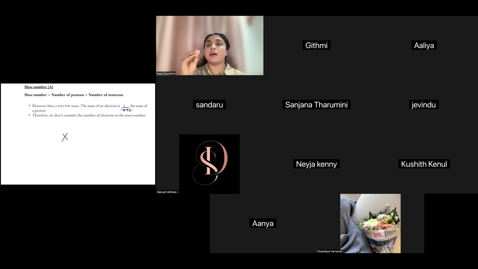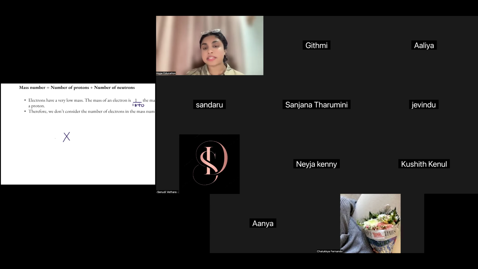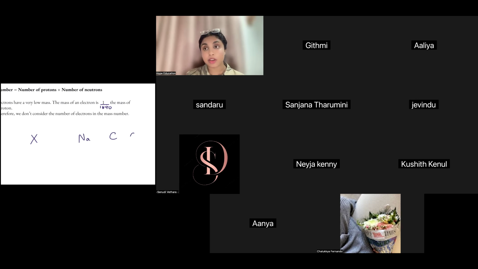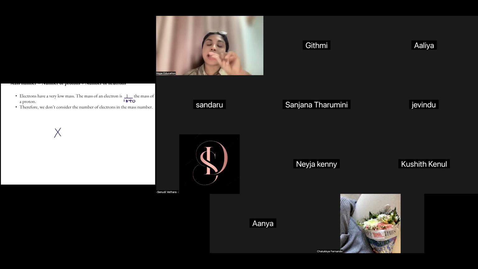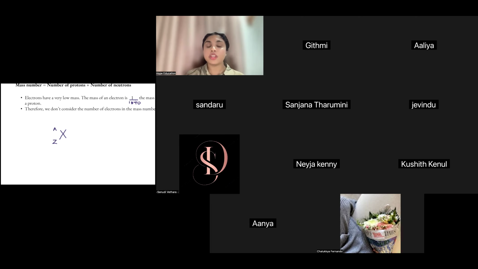For example, the symbol for sodium is Na, for carbon C, for oxygen O. Likewise, there is an element with symbol X. Usually we write the atomic number at the left bottom. You know the symbol for atomic number is Z, right? So we write it at the left bottom. The mass number symbol we write at the left top. Mass number is capital A, so we write it at the left top. This is how we usually represent the atomic number and mass number in the standard way.